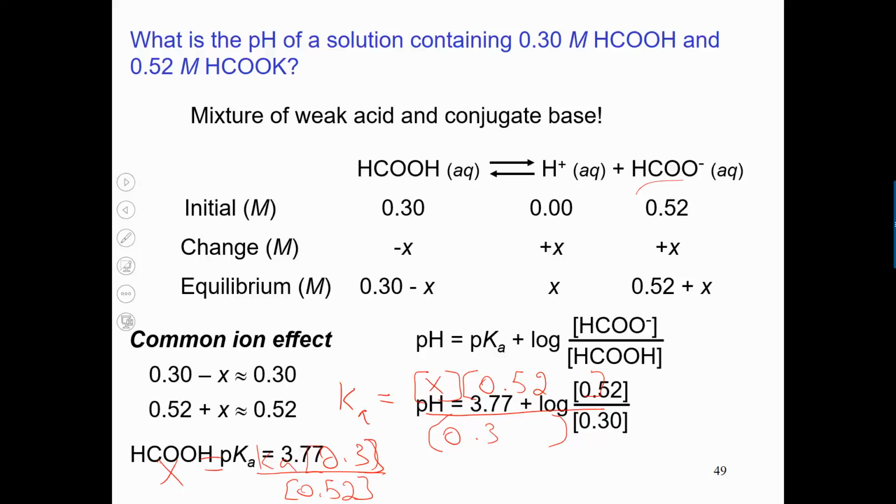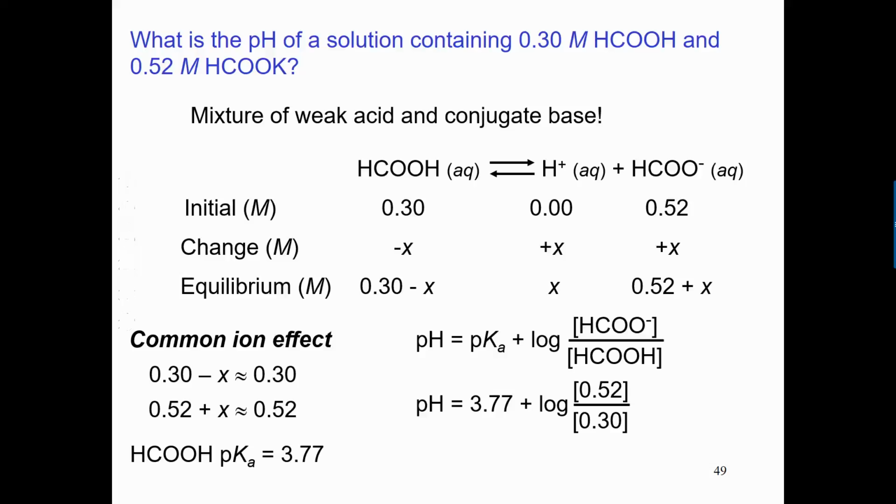And HCOO minus just came from the HCOOK, because potassium is just there. We're using that as the base up there because the potassium's just kind of there. The potassium's a spectator ion. It's a delivery ion.